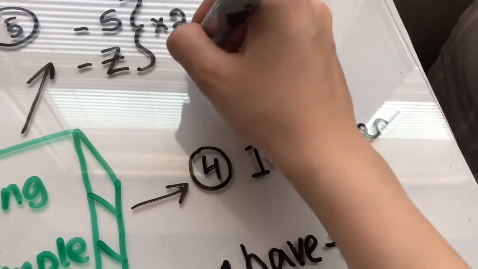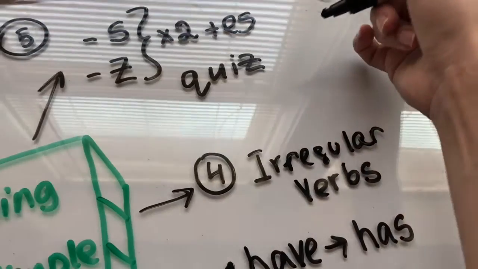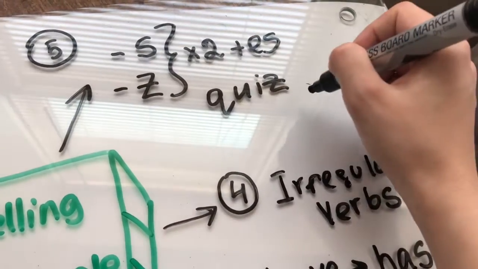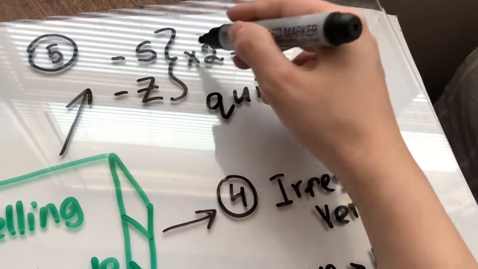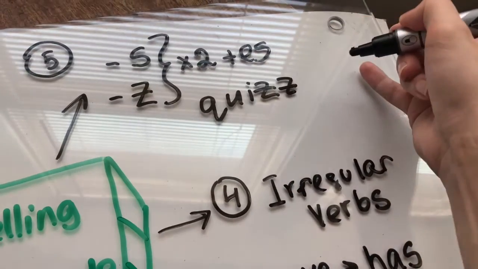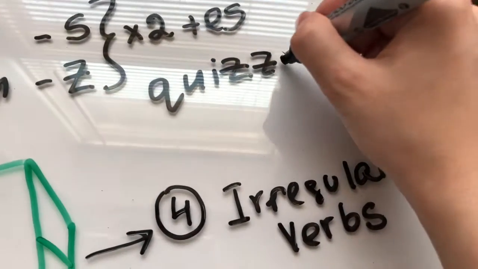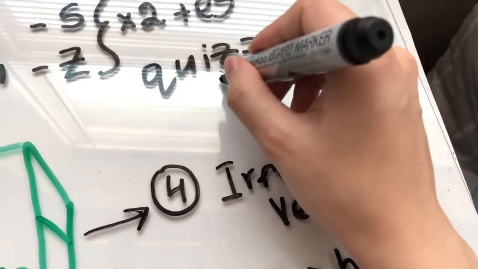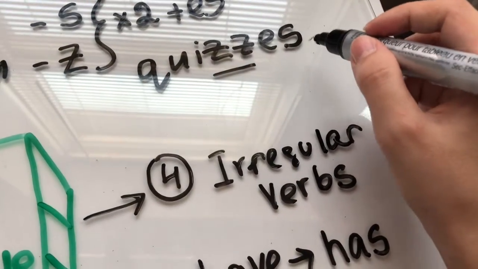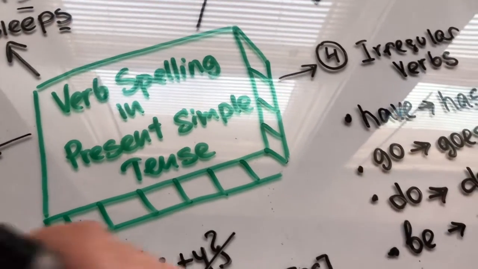For example, quiz. Quiz ends on z. In that case, I need to double the z. So, quizz, and then I need to add the ending es. Double z and es. Quizzes. Very good.